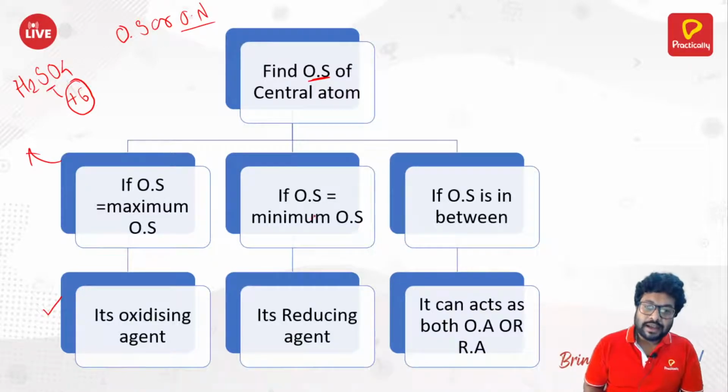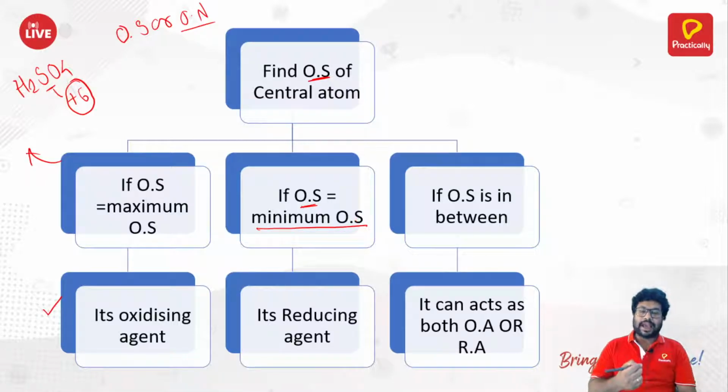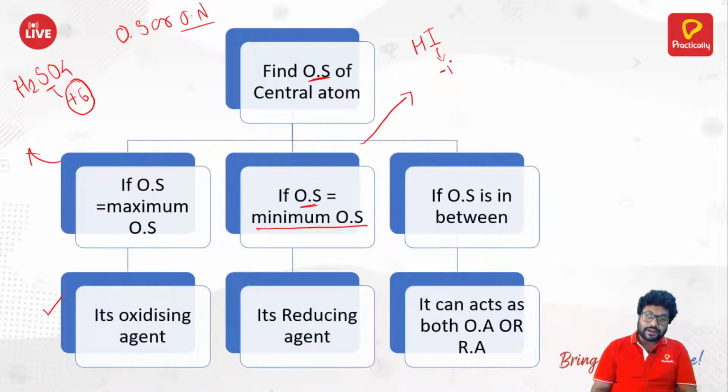Secondly, if the OS of a central atom is its minimum oxidation state, then it can act as a reducing agent. For example, HI. In HI, now hydrogen does not act as an oxidizing or reducing agent as such. So let's omit the hydrogen. Look at the iodine. The oxidation state of iodine here is -1.